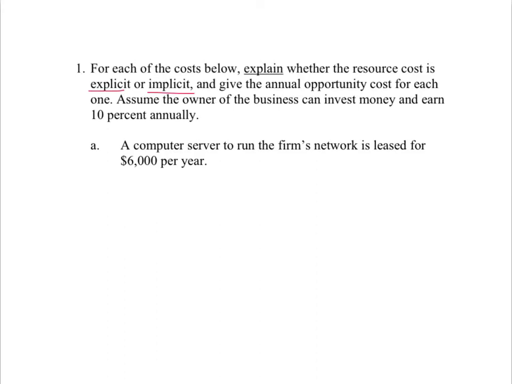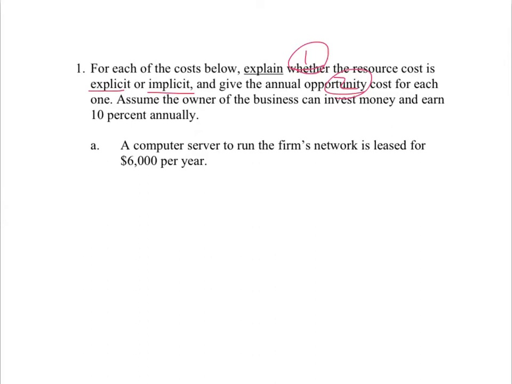come into play. So, problem number 1, we have 5 transactions, and for each one, we're going to first of all explain whether it's an explicit or implicit cost, and then second, determine the opportunity cost for each one. And we're given a bit of information here.